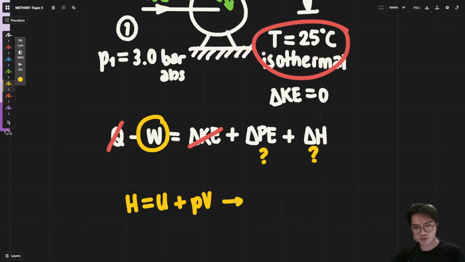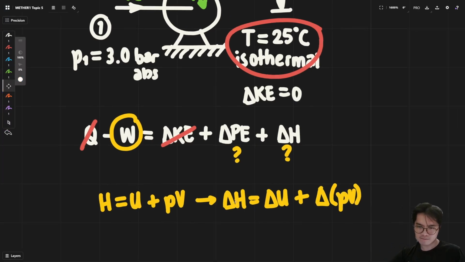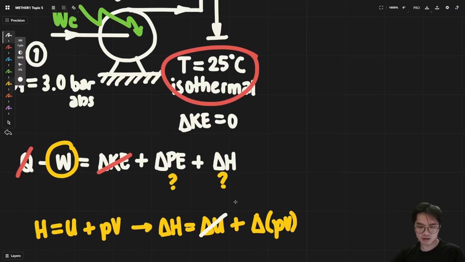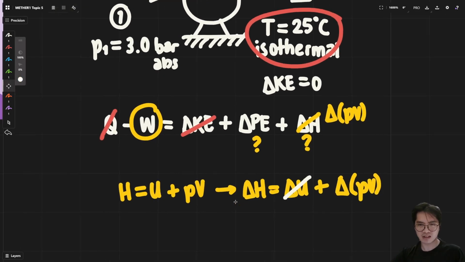And so that means that your delta H is just equal to your delta U plus your delta PV. And again, we see there is no change in temperature. Therefore, there's no change in internal energy. So cancel, you will now get in here delta of PV. So what is delta of PV?